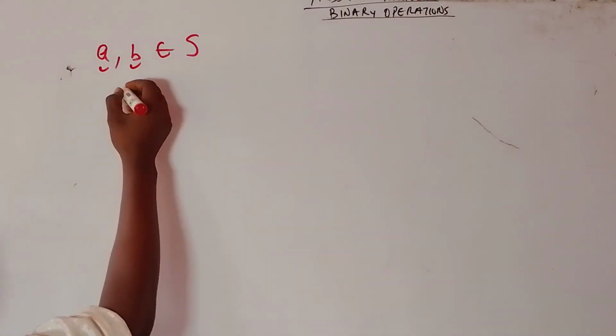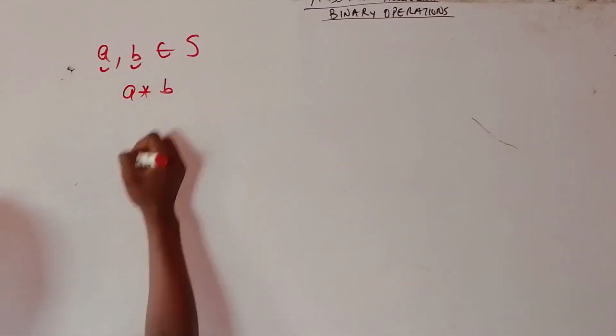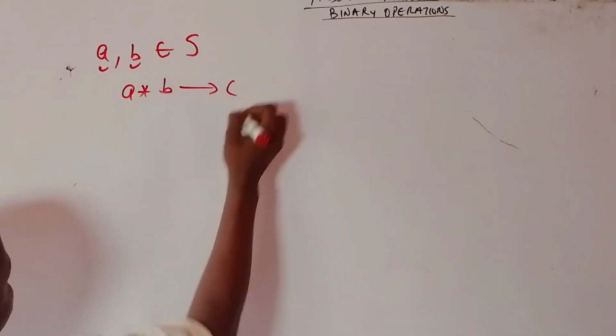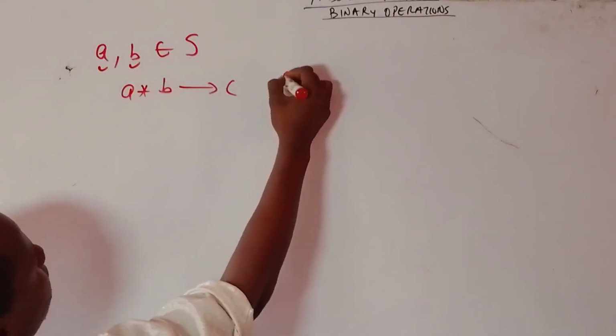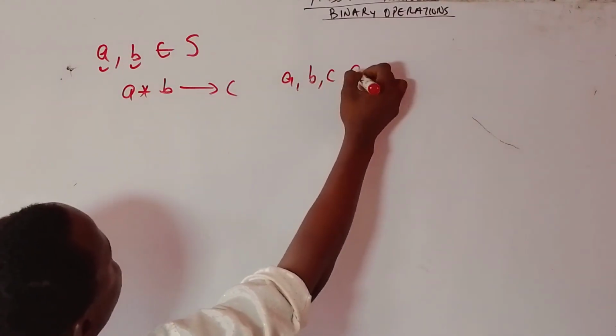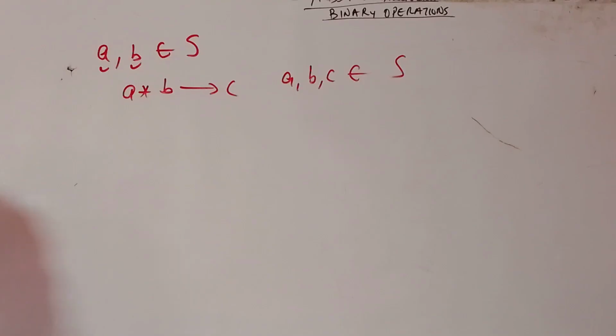That is, we have A asterisk B to give us C, where A, B, and C are all elements of S.